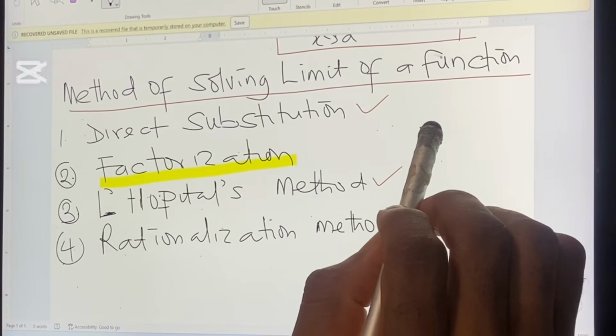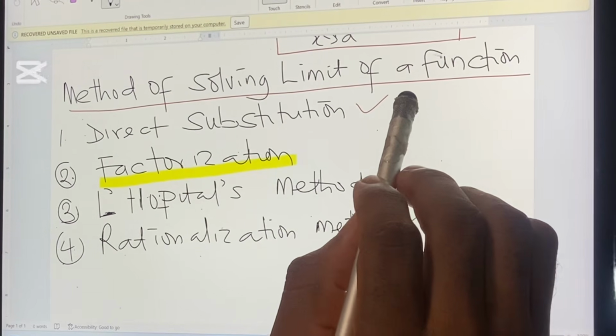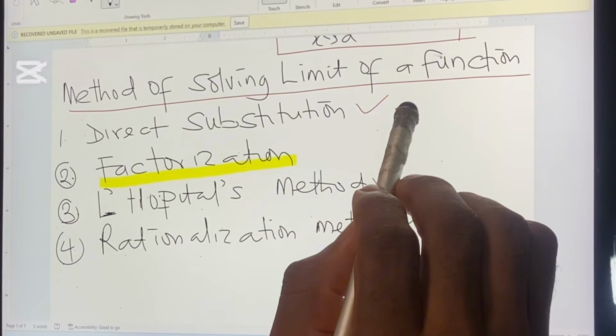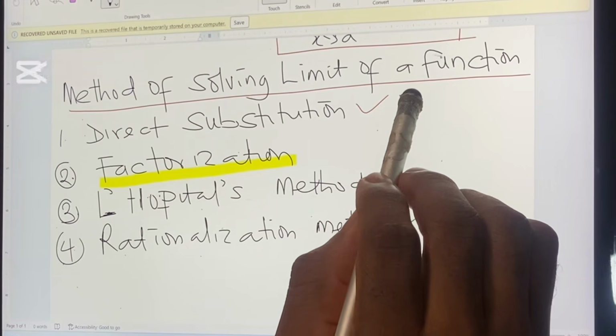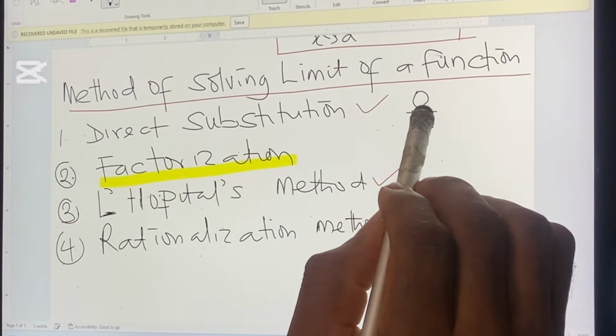Listen to me carefully. When you use direct substitution method and the value of the limit gives any other value except when the function is 0 at numerator and 0 at denominator.